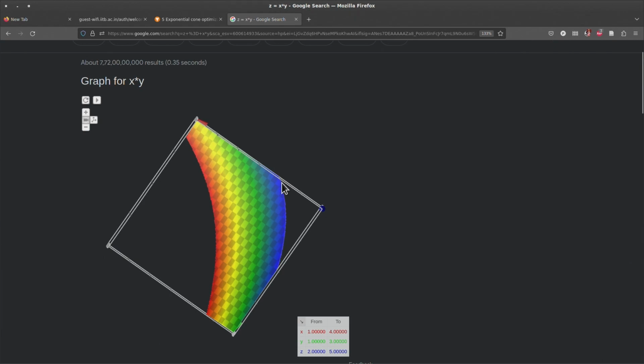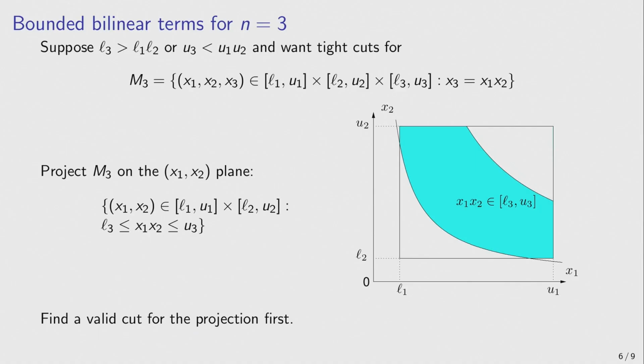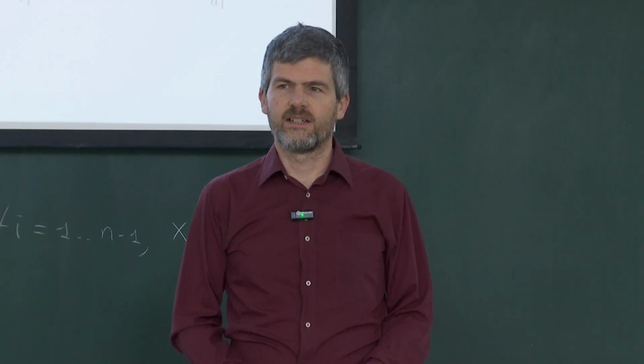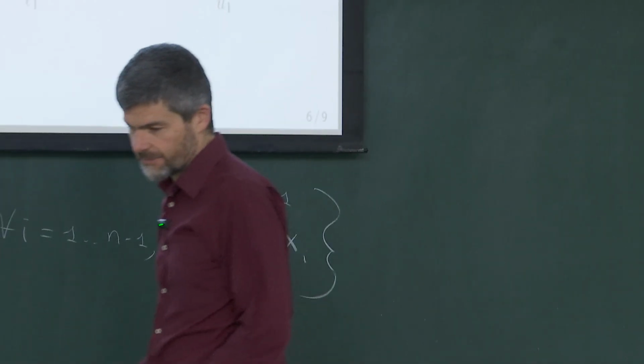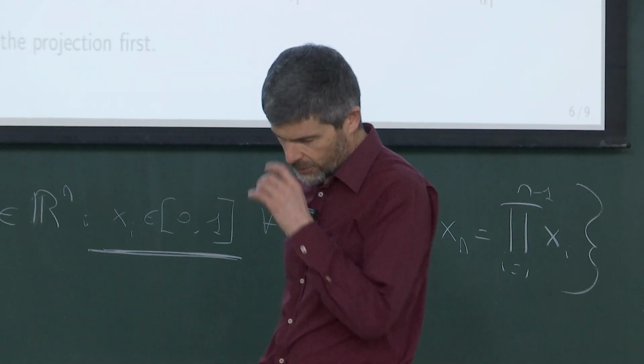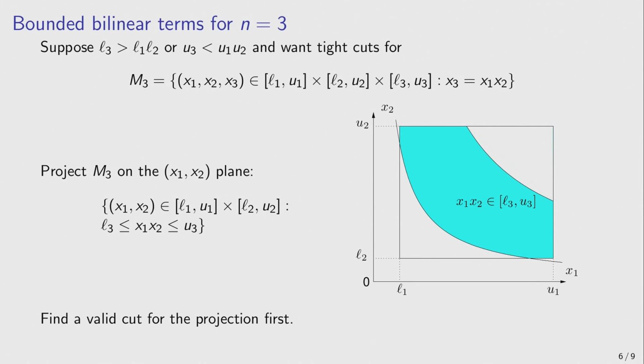Obviously, though, since we have a curve here, if you add one tangent cut for each such point, you end up with uncountably many tangent cuts. So one thing you could do is the following, for instance. Even if you just consider the two variables x1 and x2, and if you didn't even consider x3, you could look at this set here.